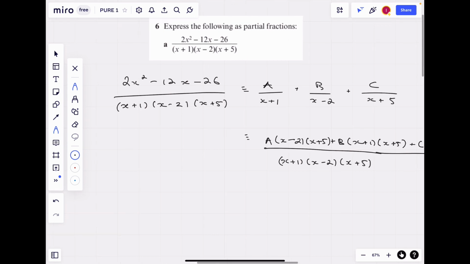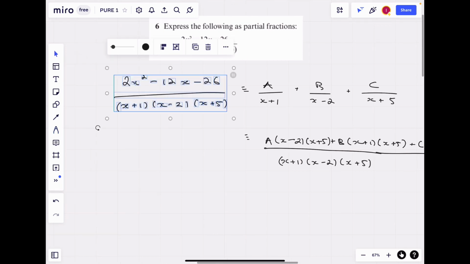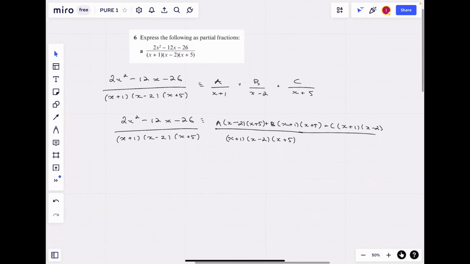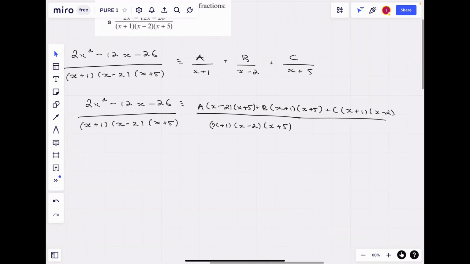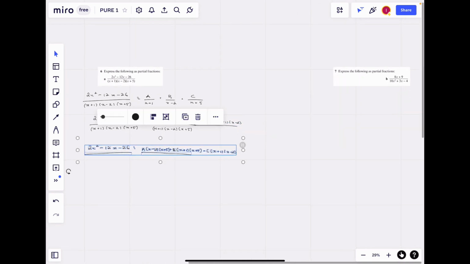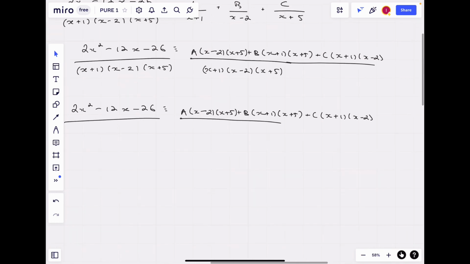And then this remains the same. Now, because both the left and right hand side have the same denominators, we can make the numerators equal. Like that.